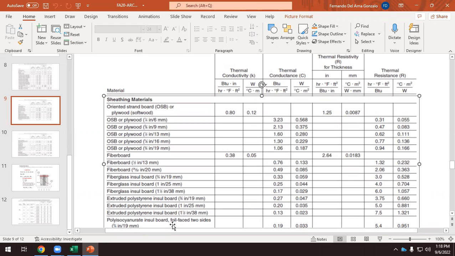So can we understand the thermal conductivity of this extruded polystyrene? If the thickness is 1 inch, and the thermal resistance is 5 what? Hour Fahrenheit feet square divided by BTU.